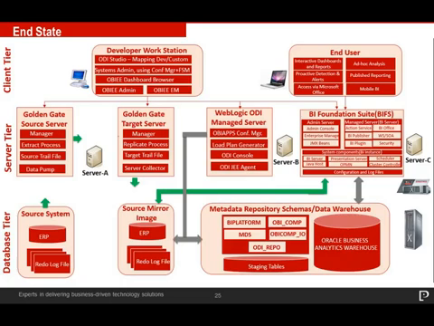Then we used the source mirror image as the source to extract data by Oracle's pre-built BI applications and load it into the data warehouse. We also used the mirror image to fulfill any real-time reporting requirements by extending the OBIEE based on the metadata modeling steps that I just walked you through.